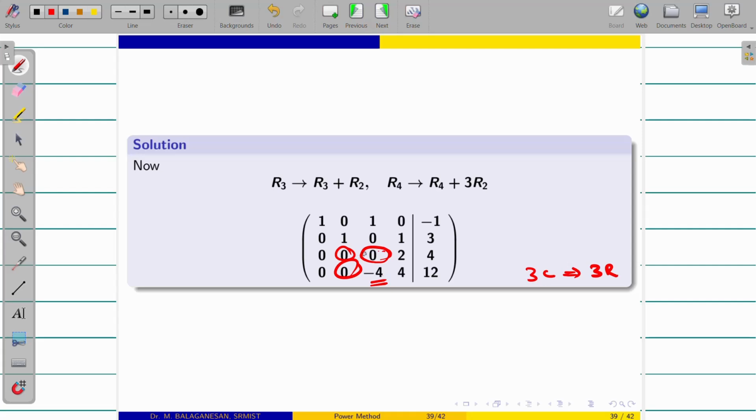It is so easy. Here, our aim is to diminish this to 0. What I can do is interchange R3 and R4, and automatically it will become 0. Am I right? Take this row element here and that row element here, so automatically it will reduce to 0. That's it.